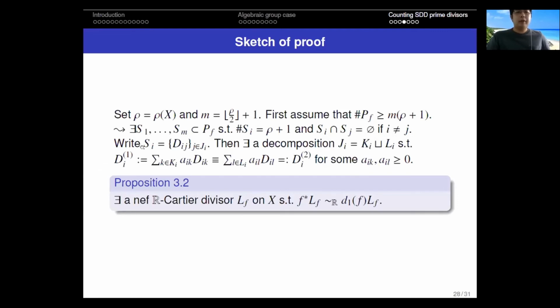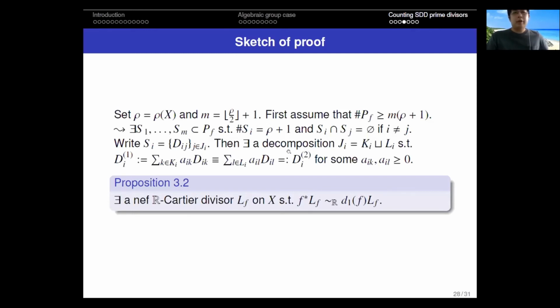And we write S_i by these D_ij, where j is indexed by J_i. Here, S_i has cardinality rho plus 1, so this exceeds the Picard number. So the D_ij are linearly dependent.